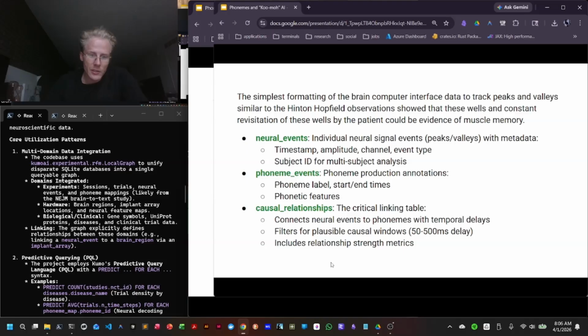And then the causal relationships. This was connecting the neural events to the phonemes with the temporal delays because there is a latency. Nothing can move at the speed of light, and with these Utah arrays, there's always a little bit of damage that happens when it goes on the brain.